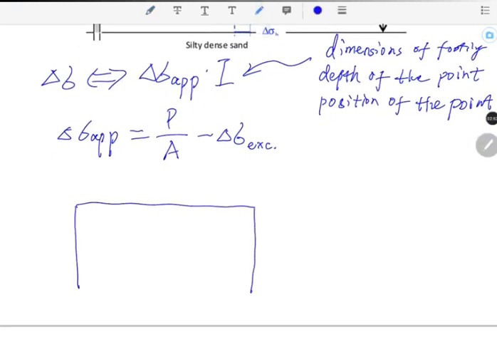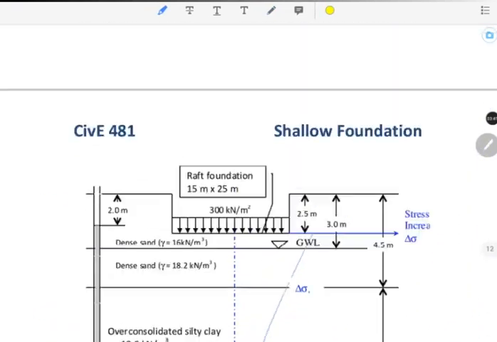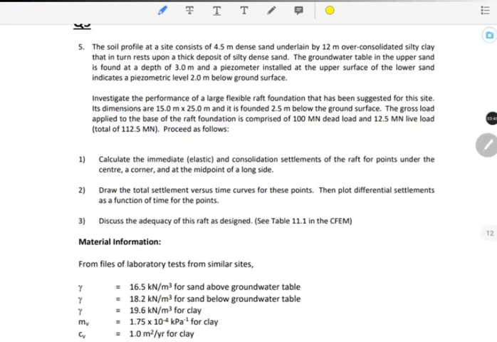The 3 points requested to figure out are the point at a corner, let's say it's point A, the point at the center, which is point O, and a point at the middle of a long side, let's say it's point P. This influence factor can be found, like for point A, at the corner of this entire raft footing, which is, let's say the dimension is 25 by 15.